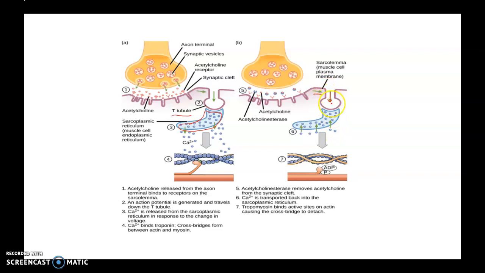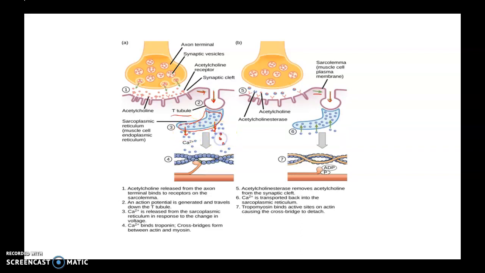As this action potential comes down the T-tubules, remember, the voltage-sensitive receptors, the dihydropyridine receptors, undergo conformational changes, resulting in opening of the calcium release channels, and calcium is released.